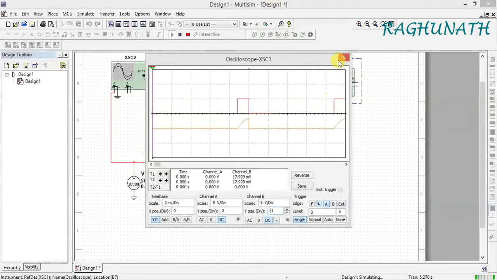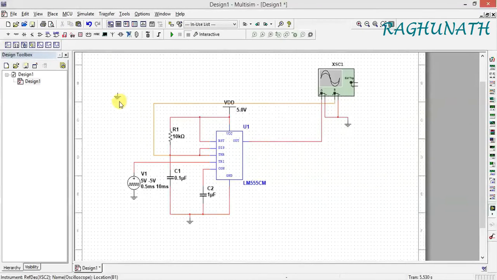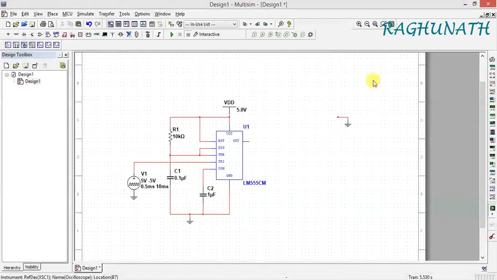One more pulse is applied here. So actually I used two separate CROs. Instead of that I can use only one, where you can have 4 channels.